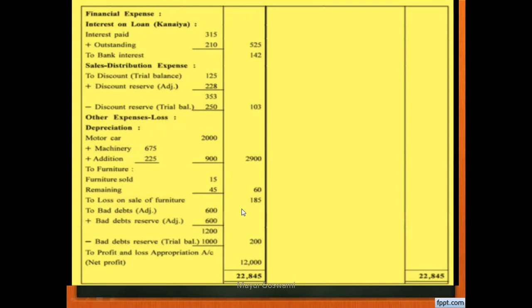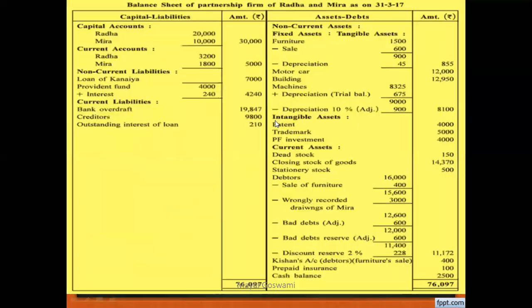Moving further to the fourth adjustment. In the fourth adjustment, you have been given increase in rate of depreciation 10%. So rate of depreciation is given. Come to the machine, balance sheet asset side. Machine is given. Total of machine is now 9,000.